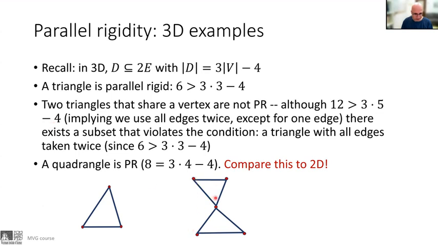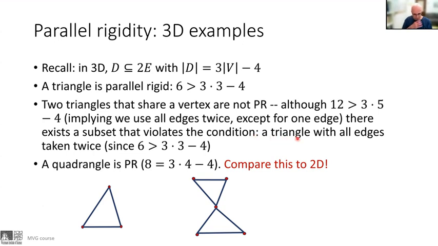Okay, so I can use every edge twice except for one of the edges. However, one of the triangles has only 5 edges, and that would violate the conditions.